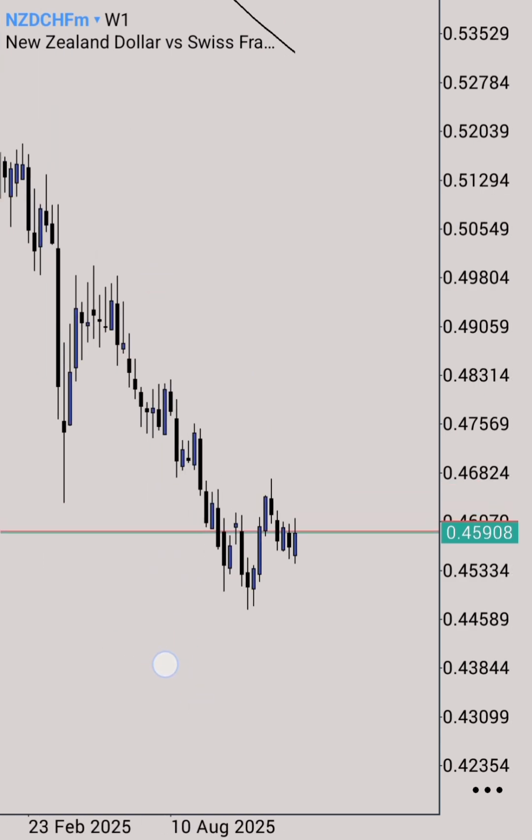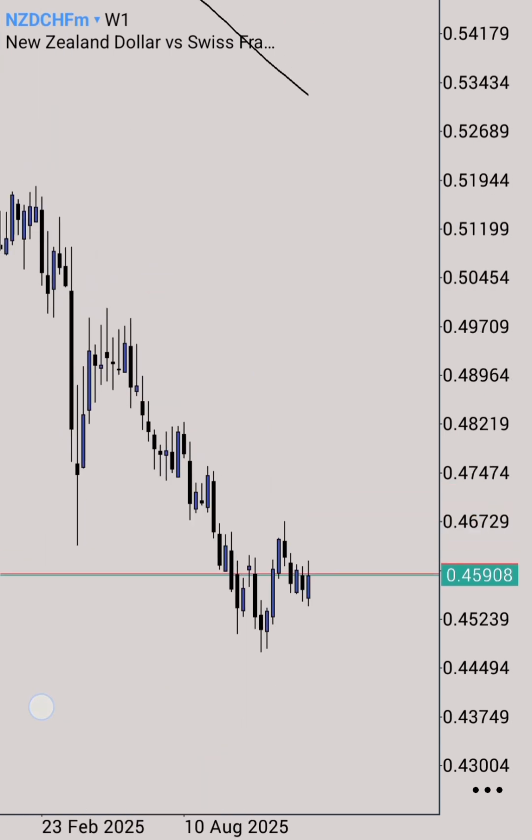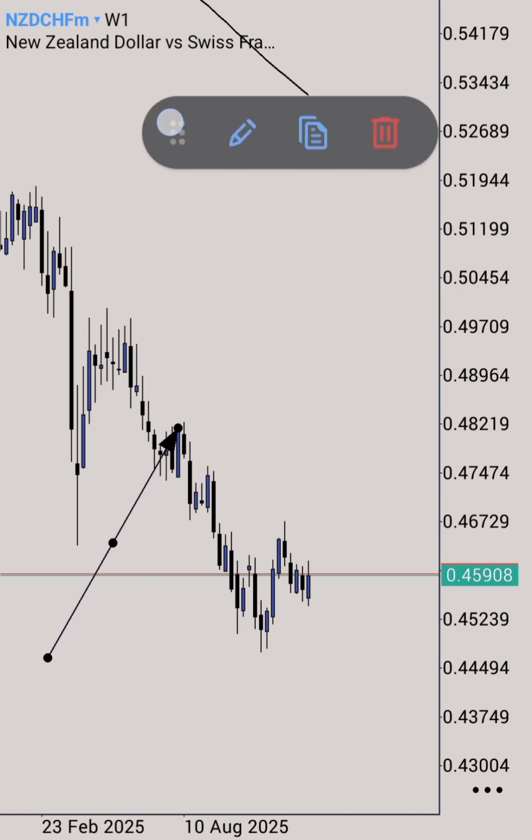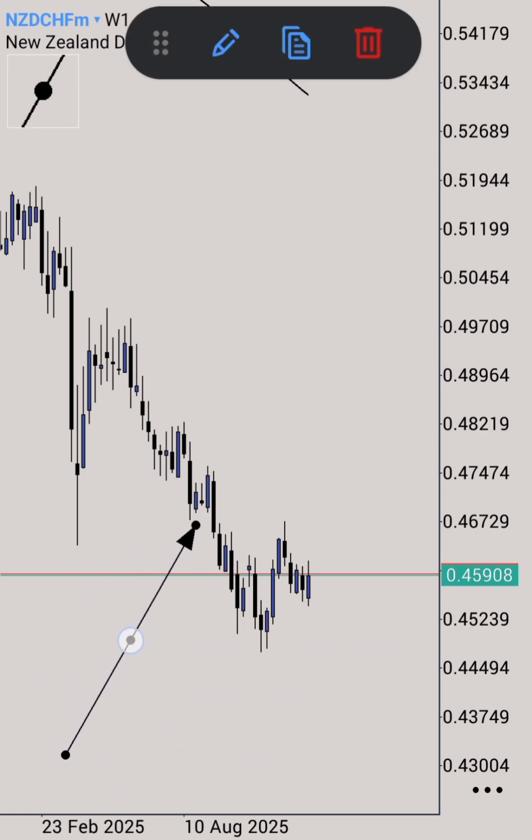Prior to this very price level, the market has been giving us a series of lower highs and lower lows. We have the impulse to the downside, the retracement, the impulse to the downside, the retracement, the impulse to the downside, the retracement, the impulse to the downside.